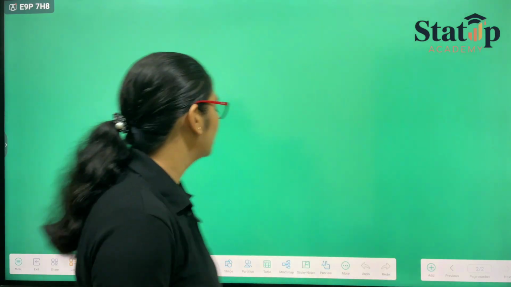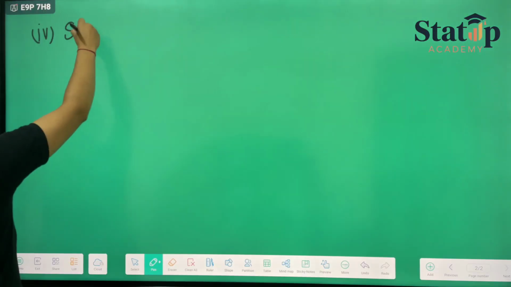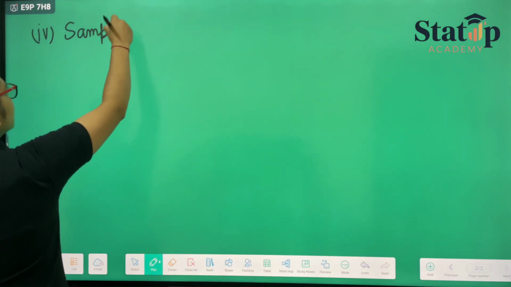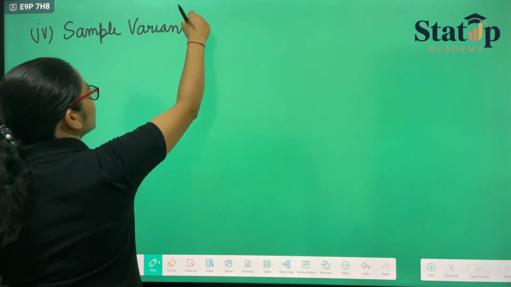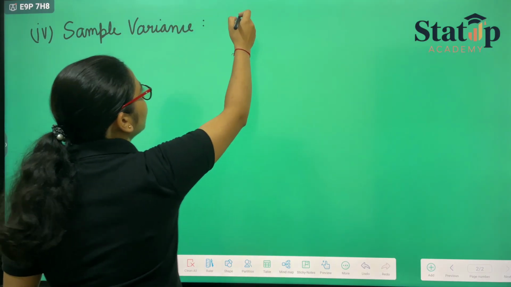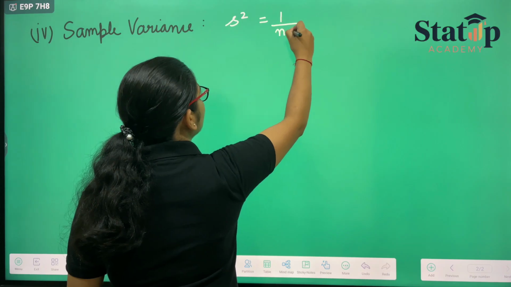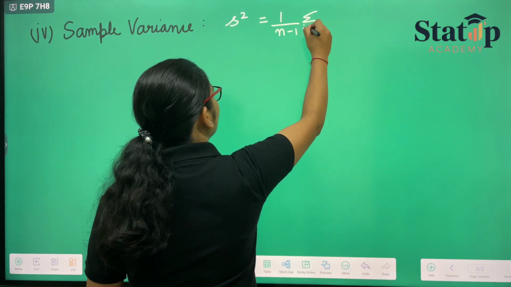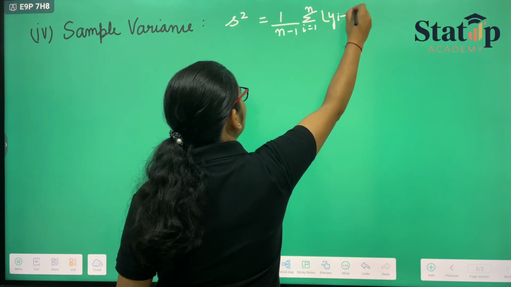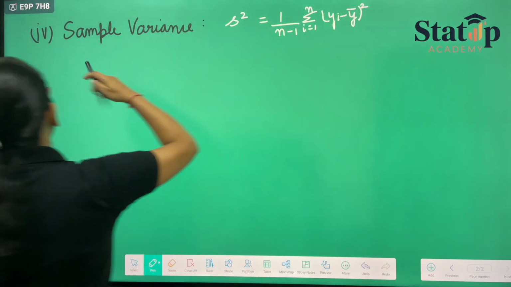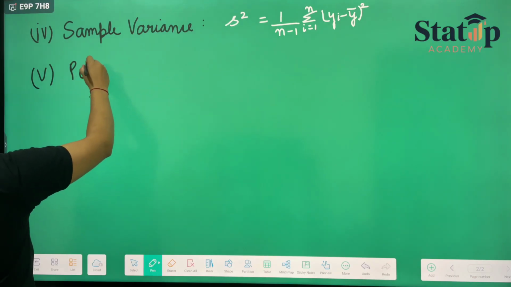Now the fourth notation is sample variance. It is given by small s square, which is 1 upon small n minus 1, summation i goes from 1 to small n, y i minus y bar whole square. The fifth one is population total.